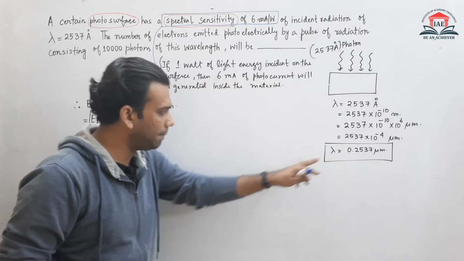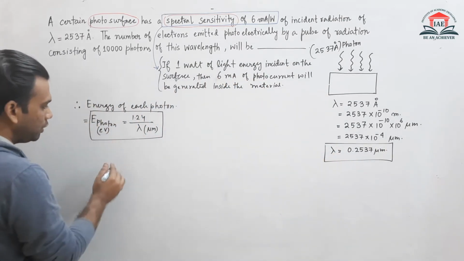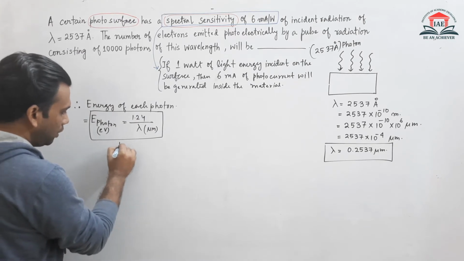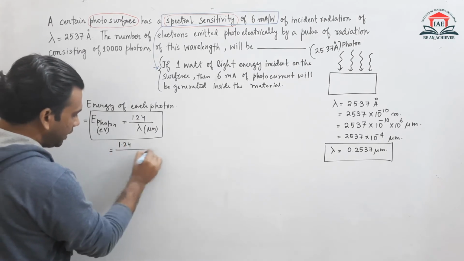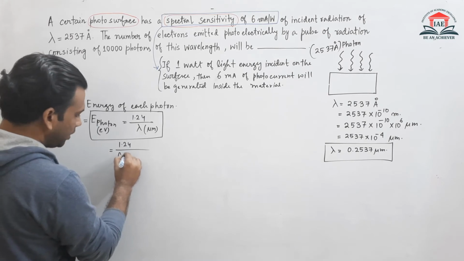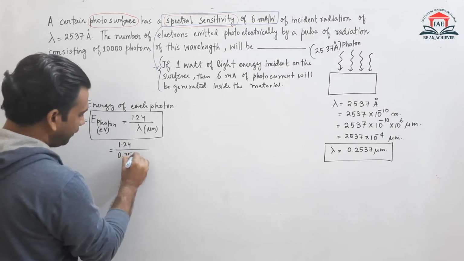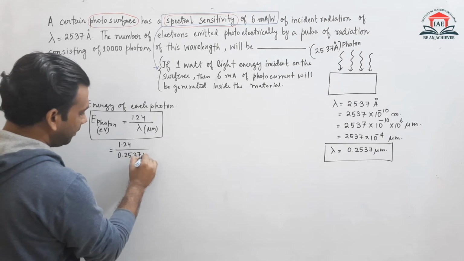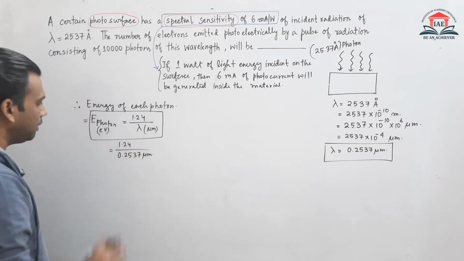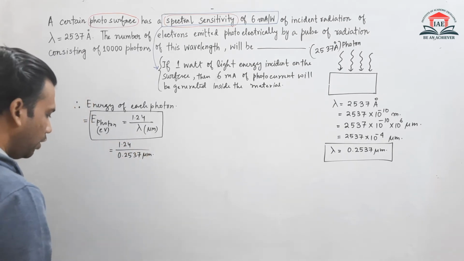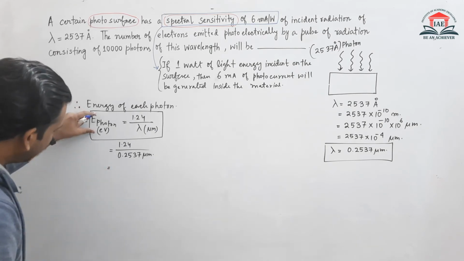So this is the lambda in micrometer. So I will put this lambda here. Now if I put this lambda here, what will be the value? 1.24 divided by 0.2537 micrometer. If you calculate this, you will get the value of energy of each photon.